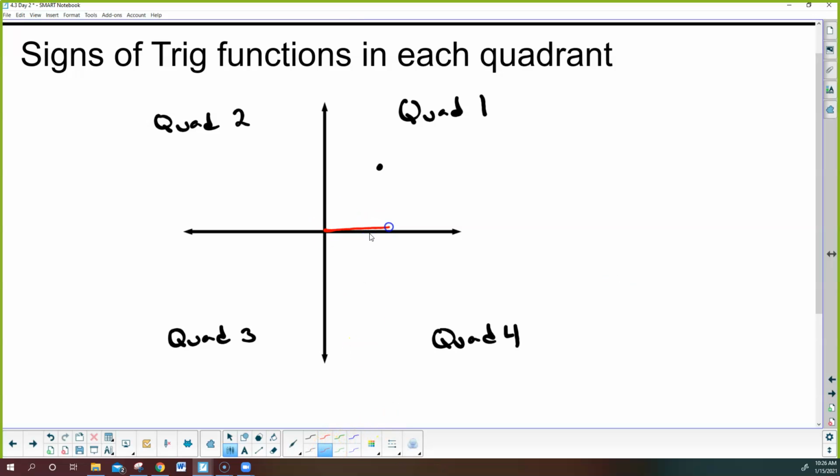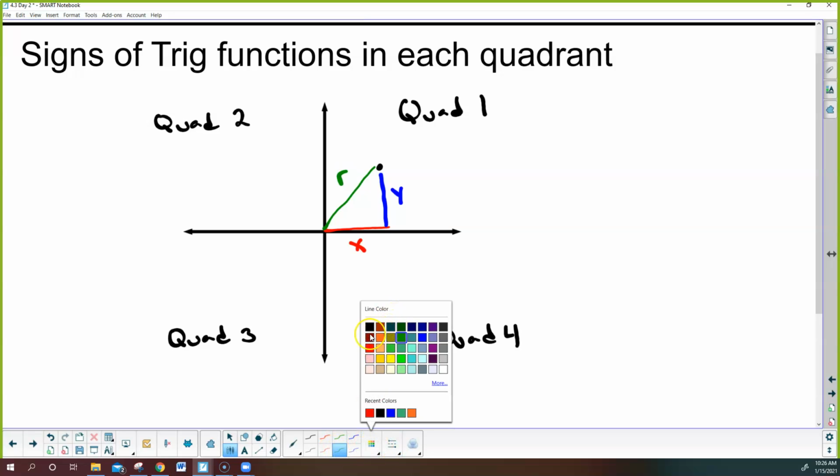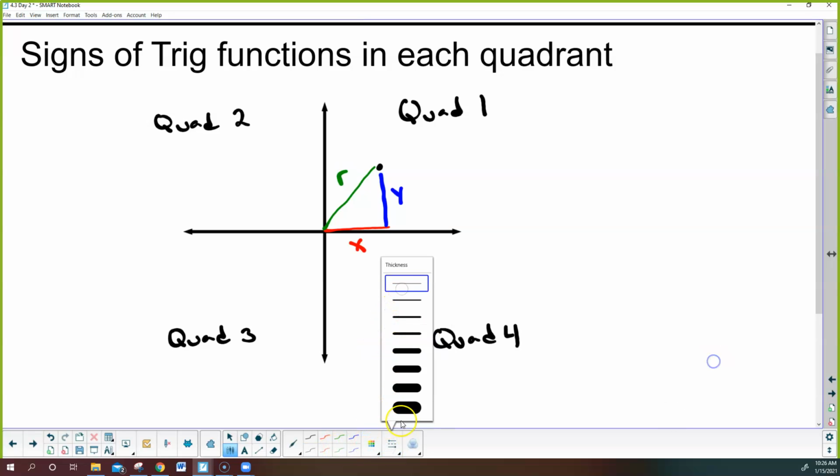So let's think of this. If my x's are positive and my y's are positive, we know that the radius will always be positive. So any point in here is a positive.